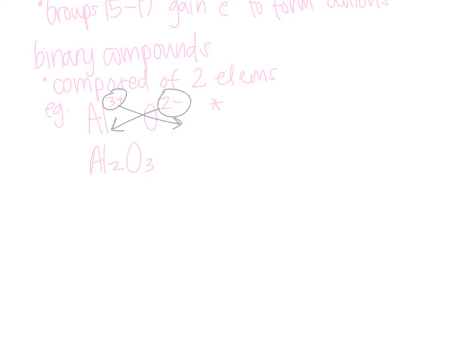So some rules here. You're always going to write the cation first. And the cation is the positive one. So we did that. And then remember, you're going to take the absolute value of charges as your subscript.